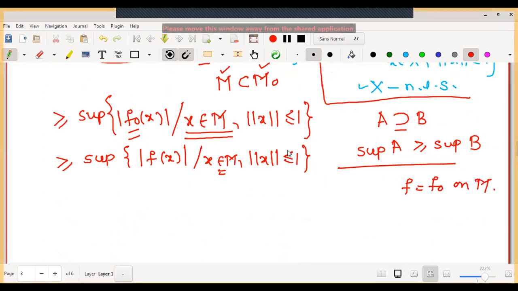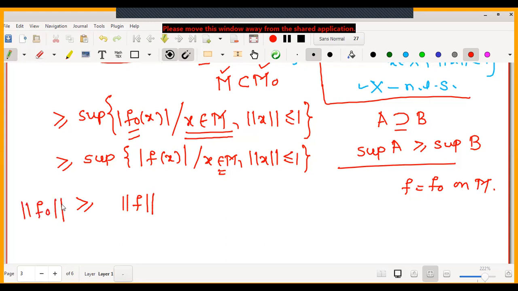Therefore, if you look at the set on the right side, what it is constructed with? May I say this is nothing but norm of f. Therefore, the first inequality we have proved: norm of f naught is greater or equal to norm of f, and let me call this inequality number 1.